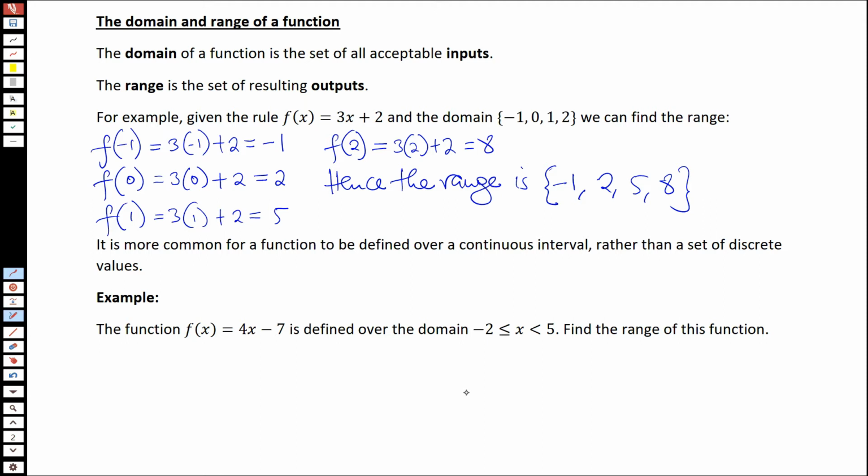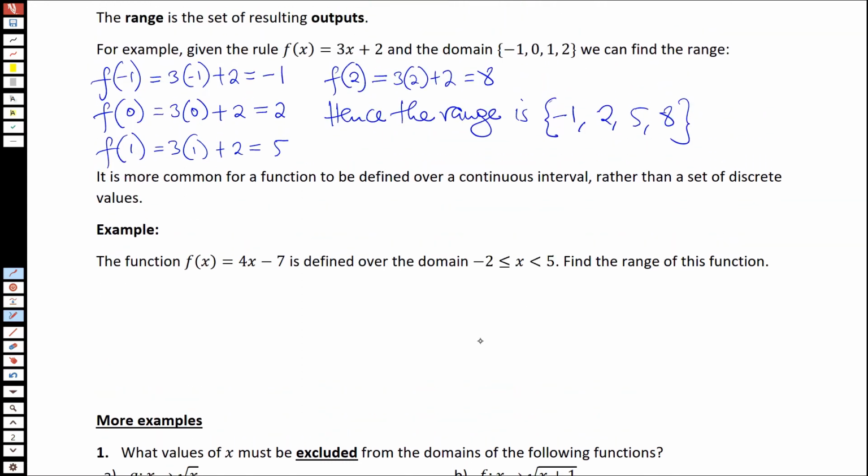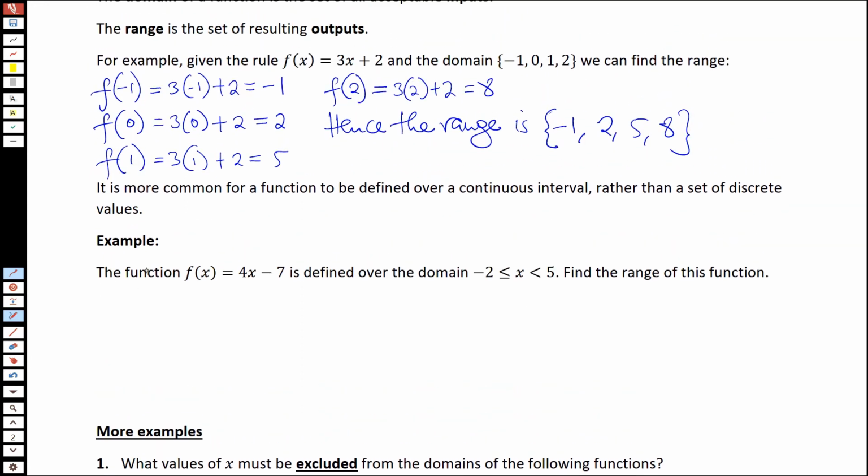discrete values. For example, in this case here, we have this function, f of x is equal to 4x plus 7. Now we know that this is a straight line or a linear function, but suppose it's defined over just a set of values, for example, negative 2 to 5.